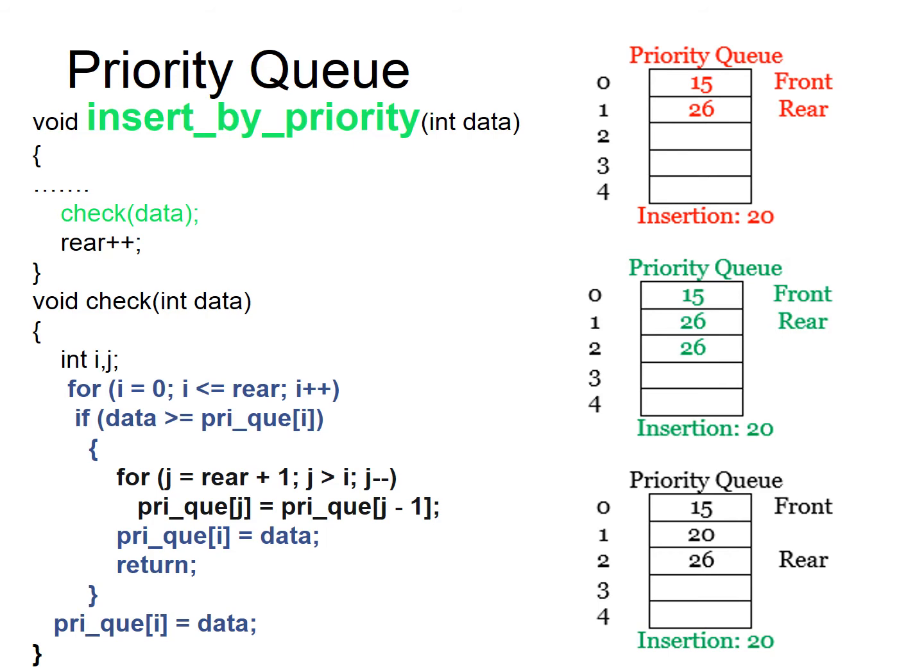From that position till the rear position, every element will be pushed one step down. You can see the for loop inside the if case. It's a loop that starts in reverse, from the rear end till the current position. So 26 will be moved to the second position, then the first position will be empty, and in the first position 20 will be inserted.